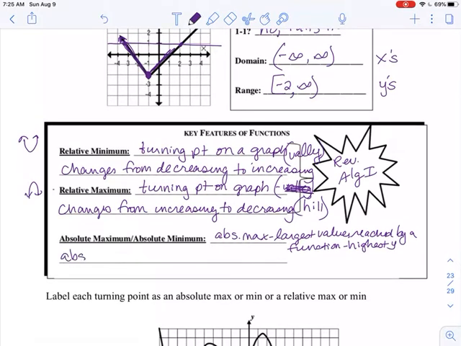And the absolute min is the smallest value reached by a function. It is my lowest y value.